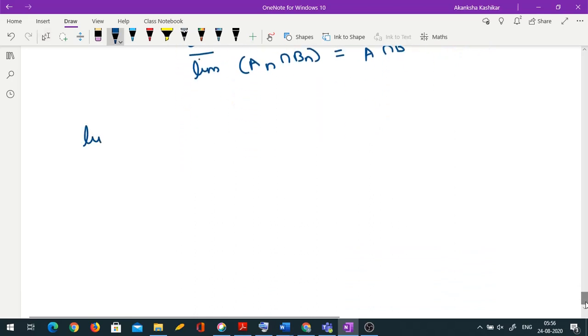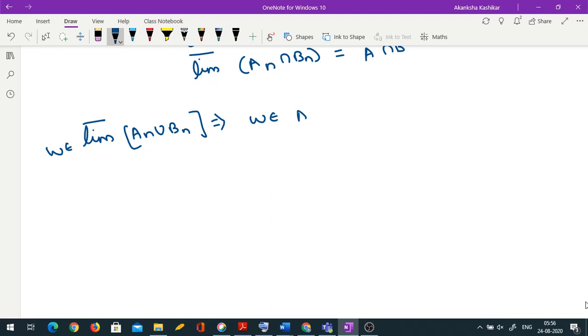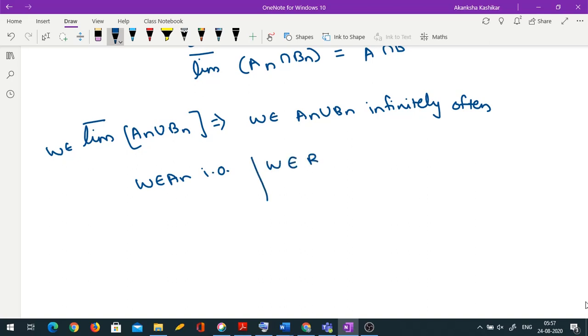So what can I do about lim sup of A_n union B_n? Consider lim sup of A_n union B_n, and consider omega belongs to this set. So this implies omega belongs to A_n union B_n infinitely often. So there are three possibilities again. Omega belongs to A_n infinitely often, or omega belongs to B_n infinitely often, or omega belongs to both infinitely often.